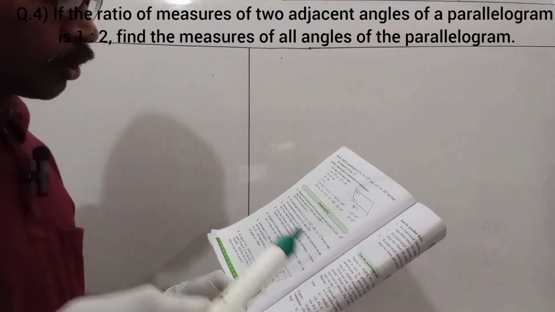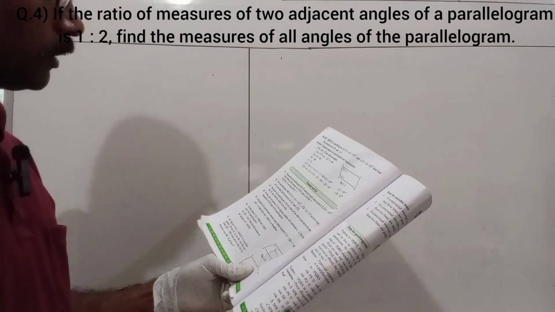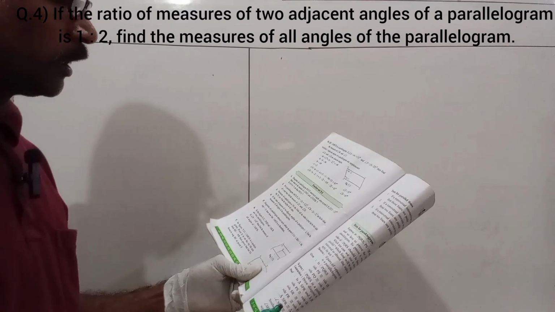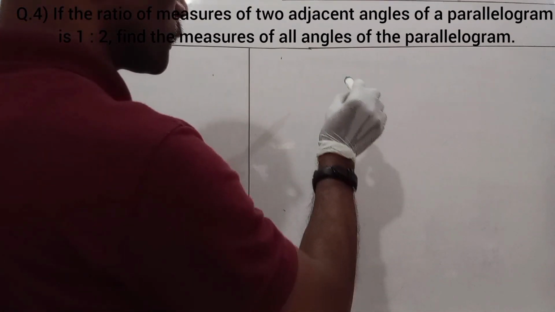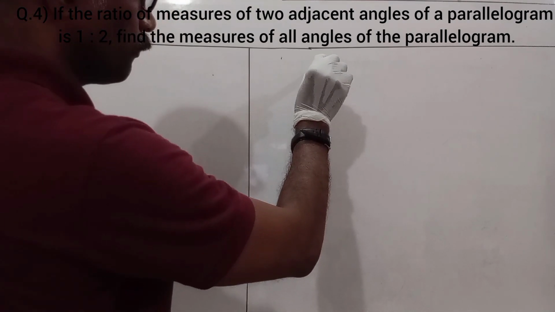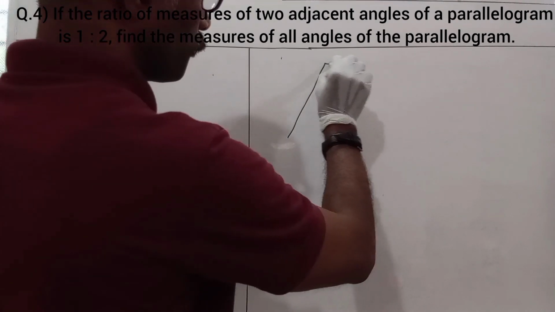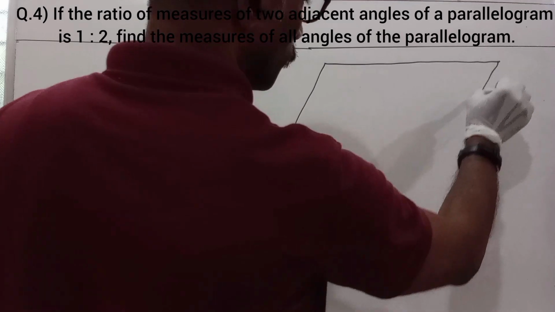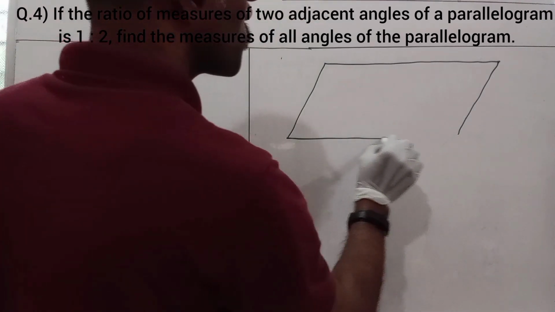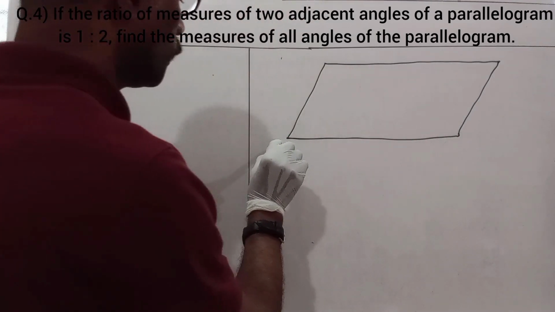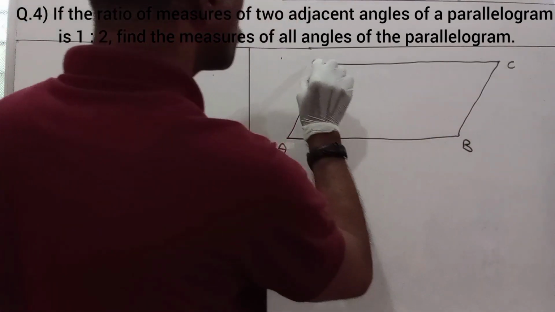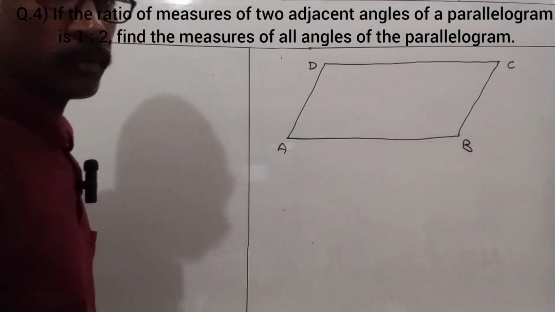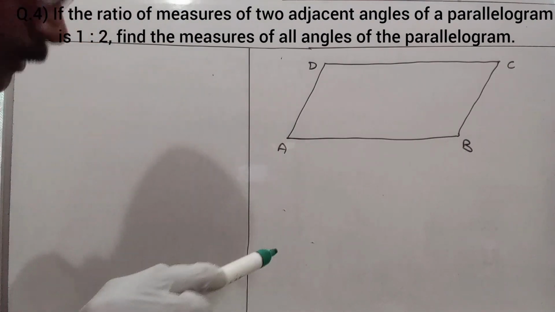Always we take common multiple. Find the measures of all angles of the parallelogram. Now for this, first we draw here figure of parallelogram. Now we write here ABCD, name of this parallelogram ABCD.